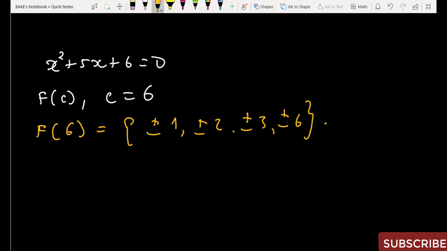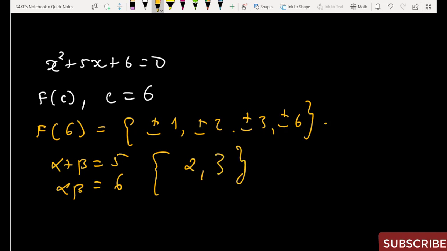So we are now looking for two numbers such that the sum of those two numbers should give us 5, and the product of those two numbers should give us 6. And clearly amongst the factors we see that the two numbers are 2 and 3. So we verify that 2 plus 3 gives 5 and 2 times 3 gives 6.